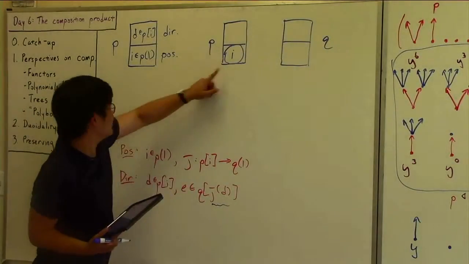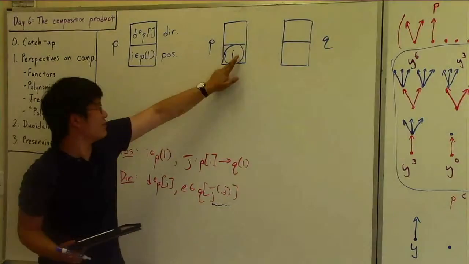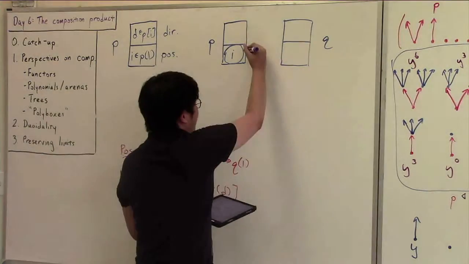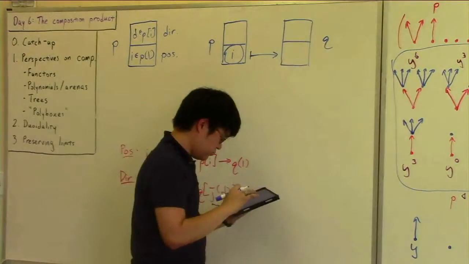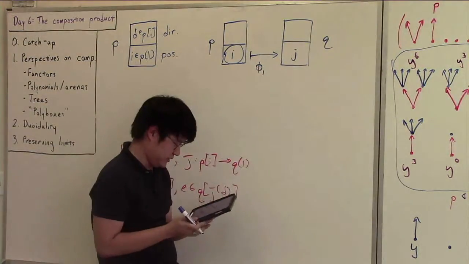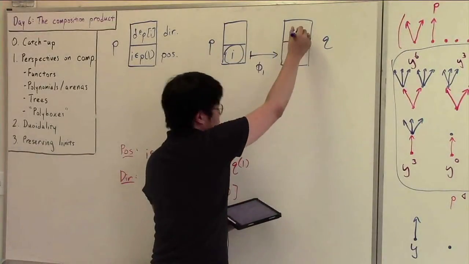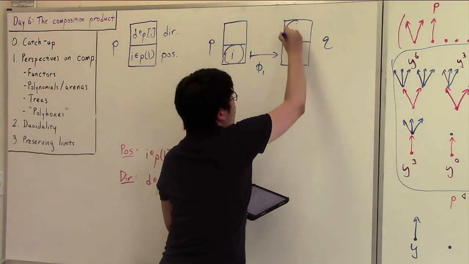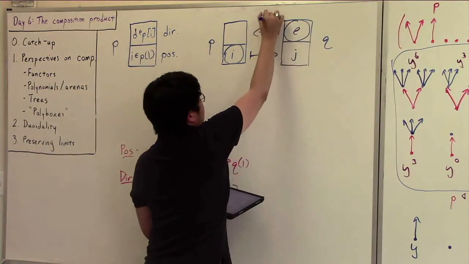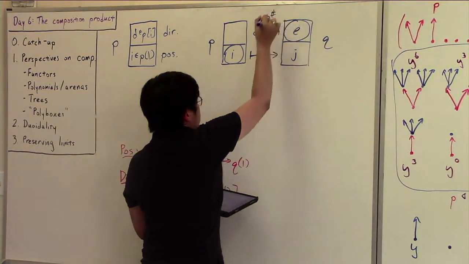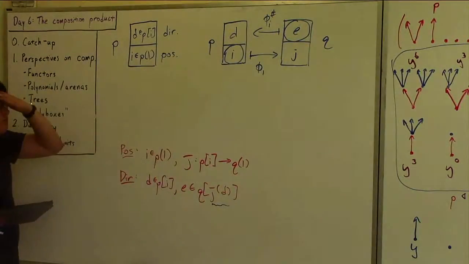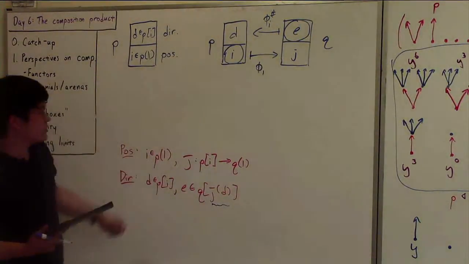Whatever I write down here is going to be assumed to be a position of P. It's going to get sent to a position of Q here via some phi sub I. And whatever direction gets picked up here gets sent via phi sub I sharp to a direction of I up here of P.